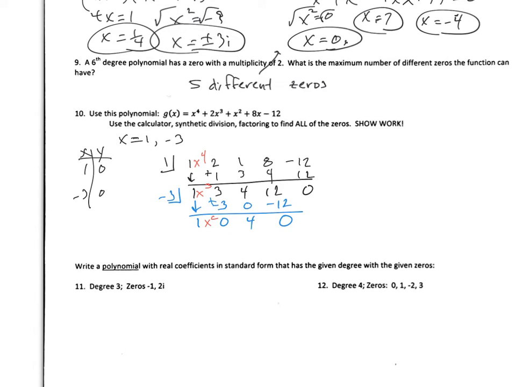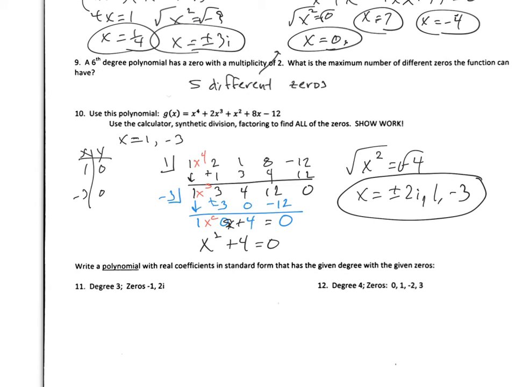So the polynomial that we have left is x squared. There's your x term. That's a positive 4, so x squared plus 4 equals 0. So we know that x squared equals negative 4, and so the answers here are positive and negative 2i, because we took the square root. And then of course don't forget the ones that you got from the calculator when listing your answers.